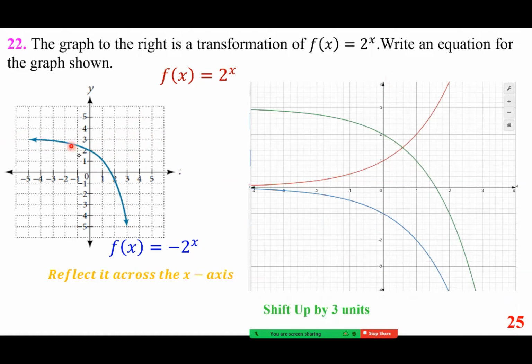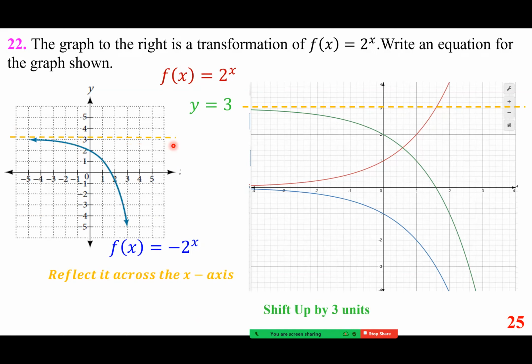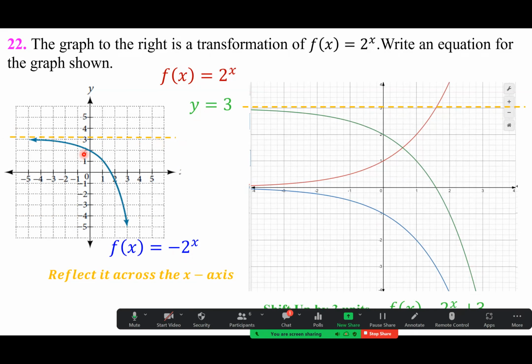So that's what we are dealing with here. Look at this horizontal asymptote of y equals 3. The same thing here. So y equals 3. So we have this function plus 3. It has shifted up by 3. That's the green one, or the one that you have here.